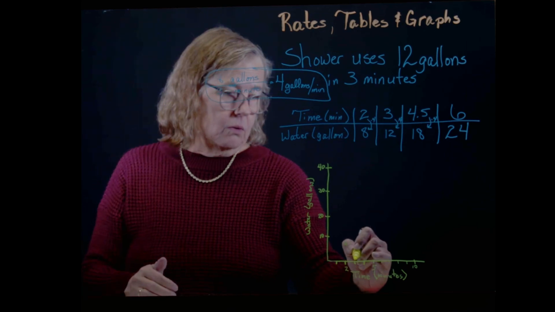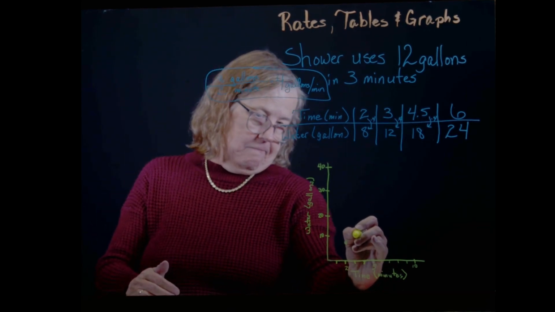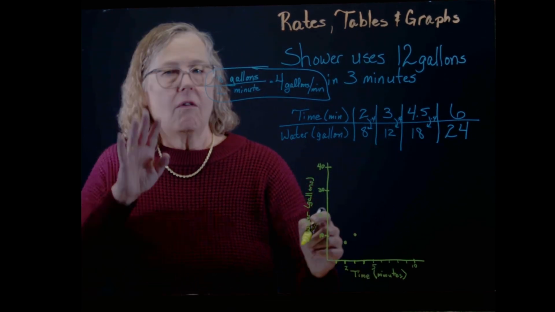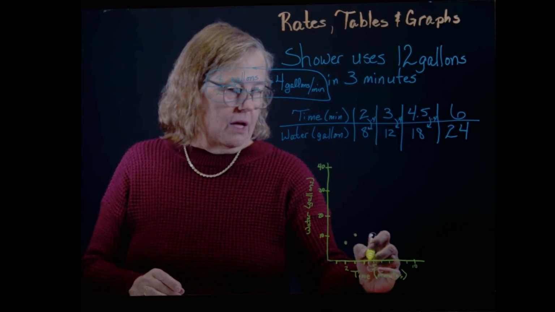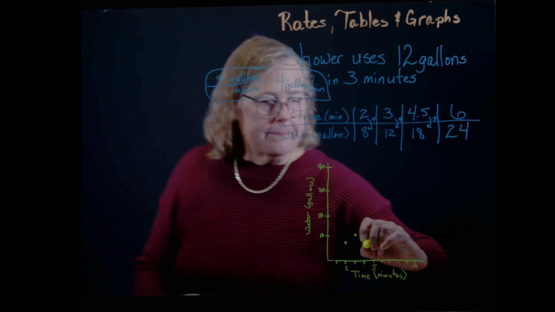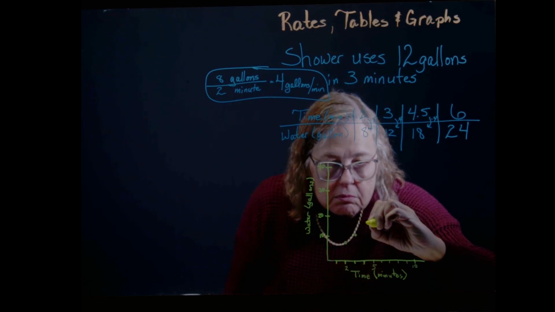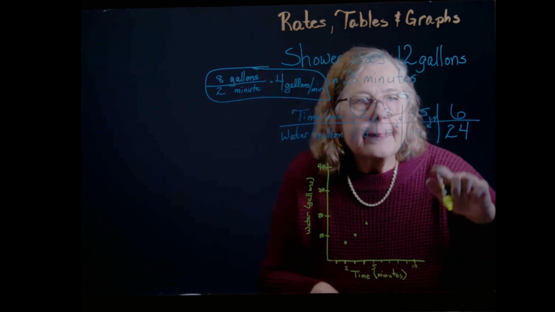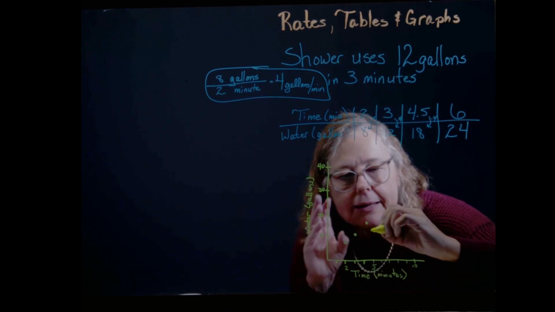So this time it's a little bit more than the 10. Let's see, 4.5 to 18. So I need to go up. Does that look good? Yeah, I think it's okay. And we got 6 and 24.